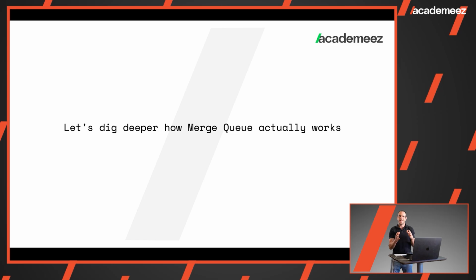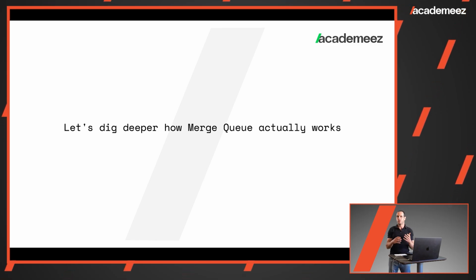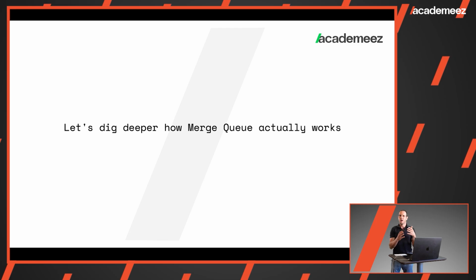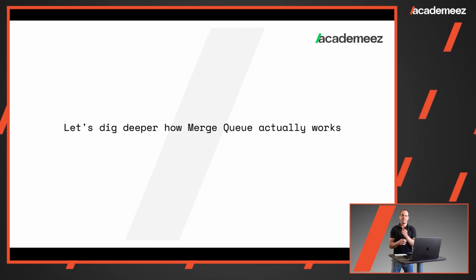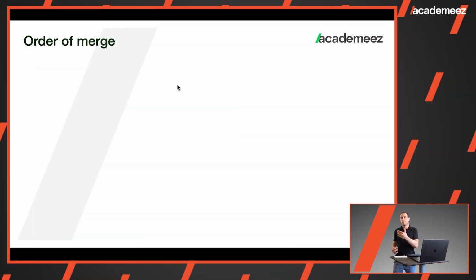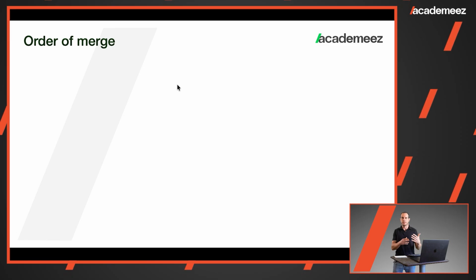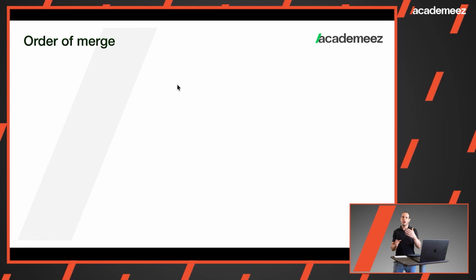So we understand how to activate the merge queue and how the development flow works, and we did a little bit of a demo of using the merge queue and how it works. But let's dig a bit deeper into how the merge queue actually works. When your pull request passes the checks in the pull request, and then is transferred to the merge queue, there might be other PRs in that merge queue.